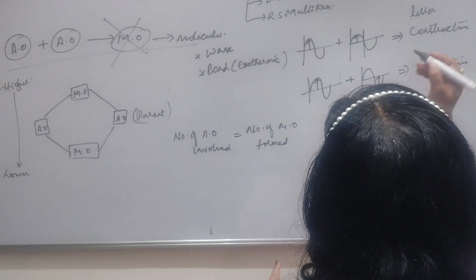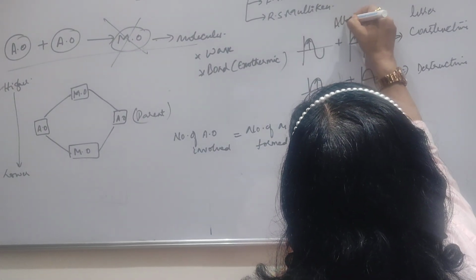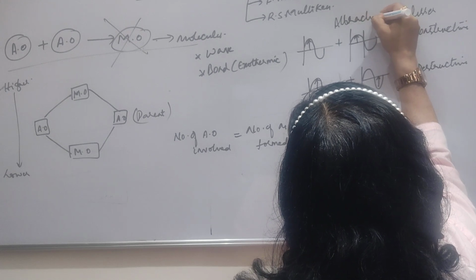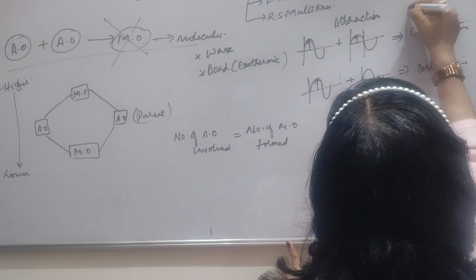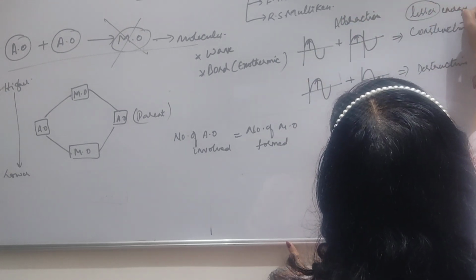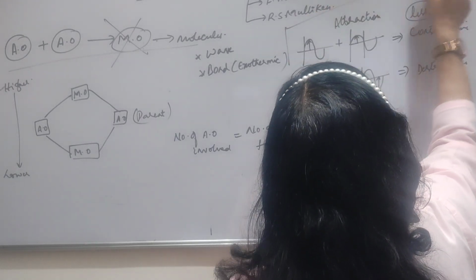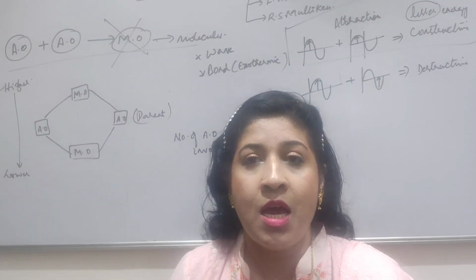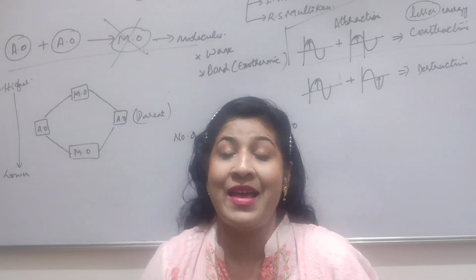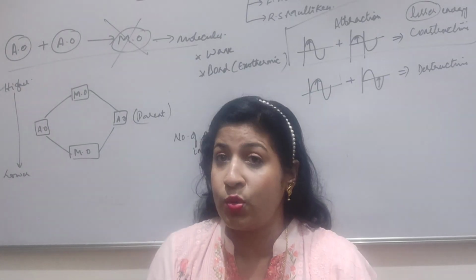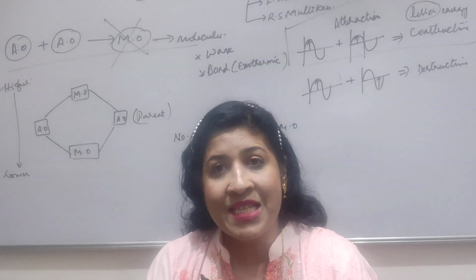Attraction takes place, and because of this there is lesser energy, and because of this it is stable. In constructive interference, the electrons are between the nuclei, and there is attraction.